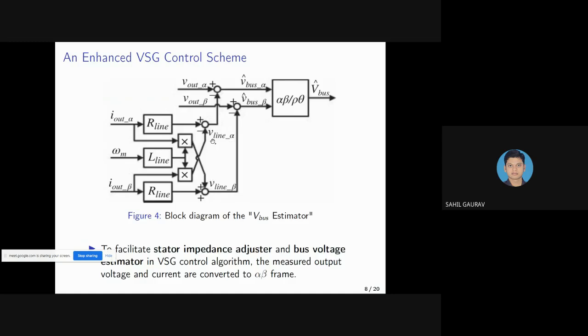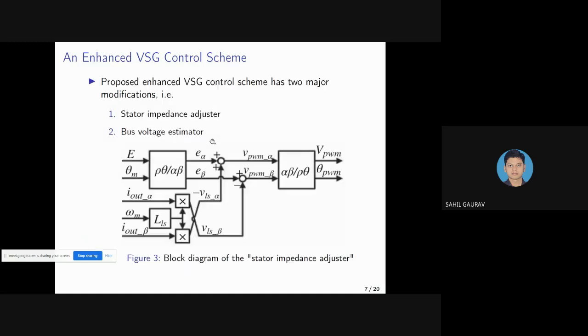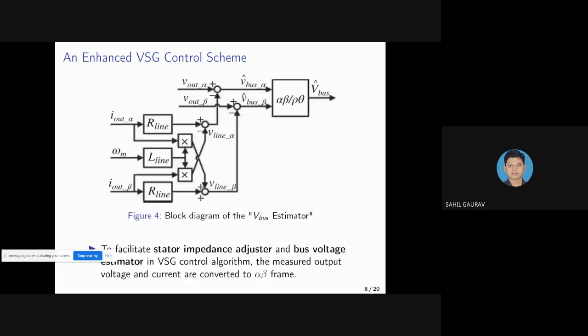Both the bus voltage estimator and the stator impedance adjuster work on the principle of the alpha beta frame. First the output current is measured and converted into the alpha beta frame, and then I use omega m to get the voltage drop across the line inductance.